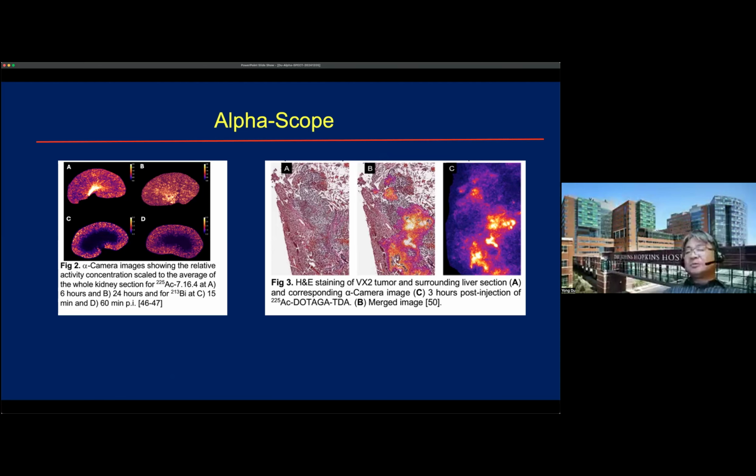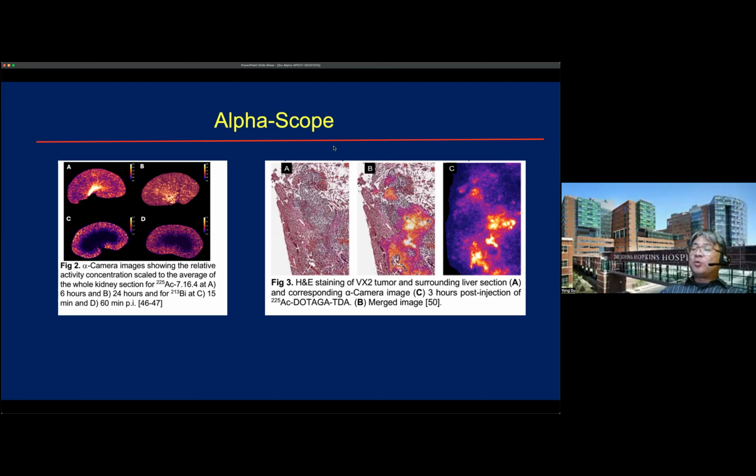Because alpha-emitters only have a 50 to 80 micron range, we really want to look at the diffusion of activity at the micro range. So we do the calculation in microdosimetry, and this gives us a better idea of toxicity and therapeutic efficacy. On the left, you can see the activity in the tumor, and it's also non-uniform.